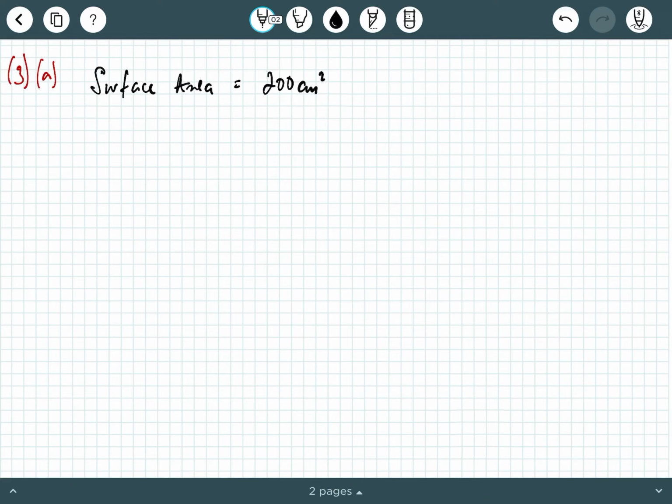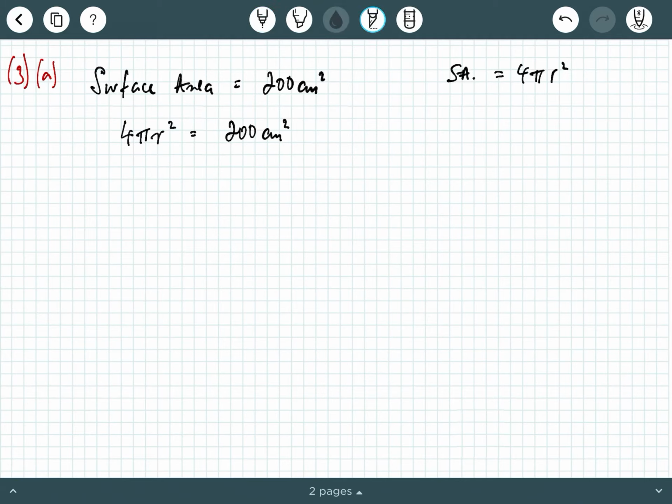Now, we know over here on the right hand side, SA, short for surface area, is equal to 4 pi r squared. So instead of surface area, I'm going to replace it with 4 pi r squared. Now that's equal to 200 centimeters squared.